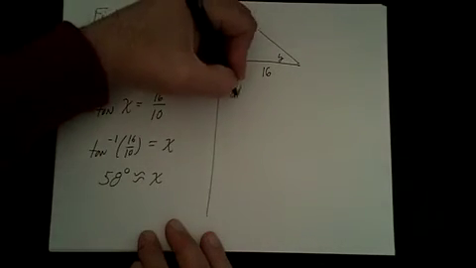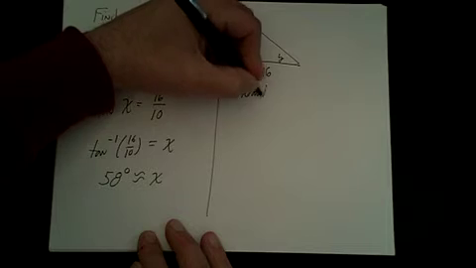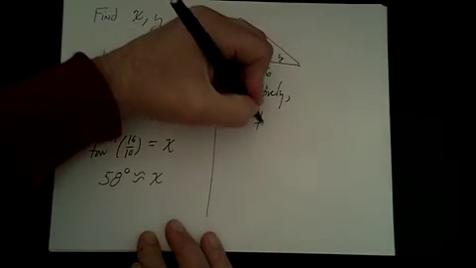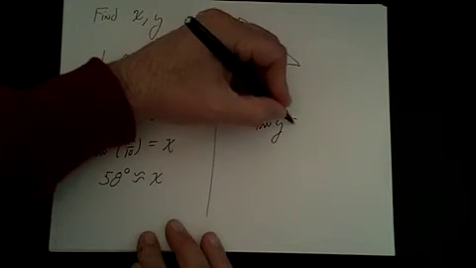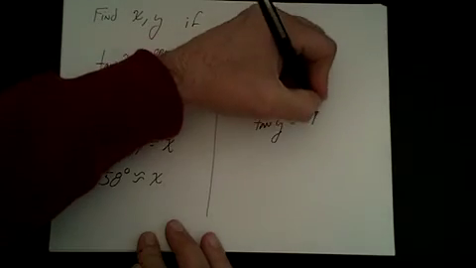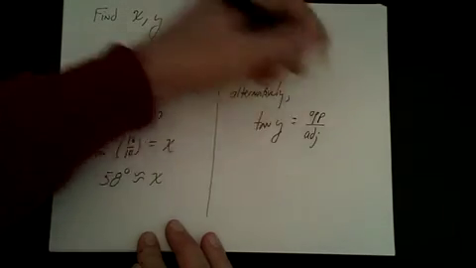Alternatively, I could have solved using y. I could have gone tan of y, which is also equal to opposite over adjacent, but the opposite and adjacent switch now.